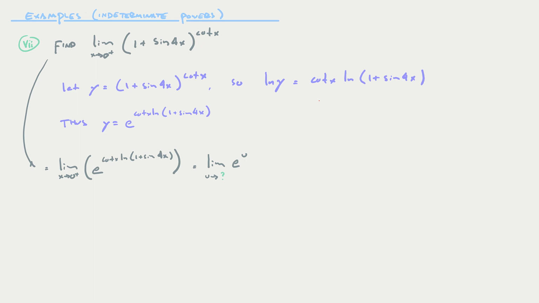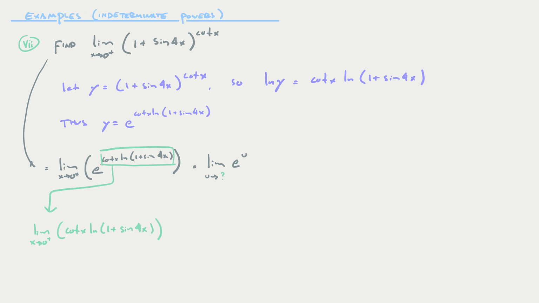Again, I need to figure out what this thing is doing as x approaches 0 from the right, so that I can figure out what e to that thing is doing as that thing approaches whatever it's approaching. So my goal is now to figure out what this is approaching as x approaches 0 from the right.